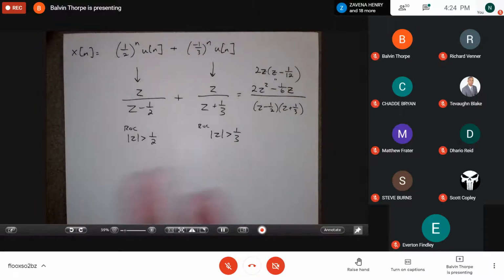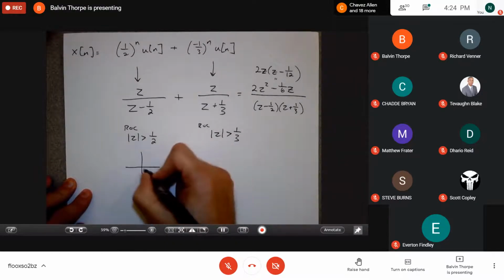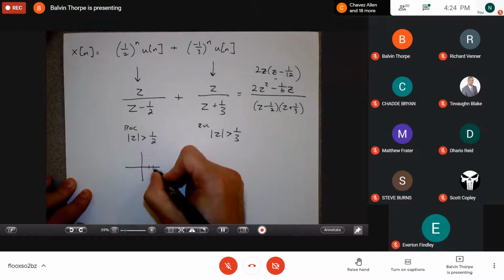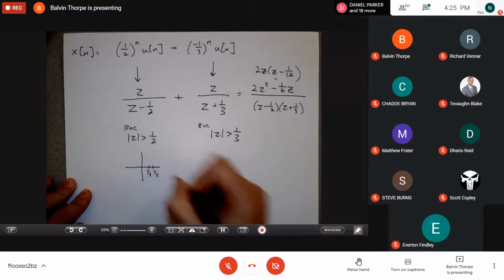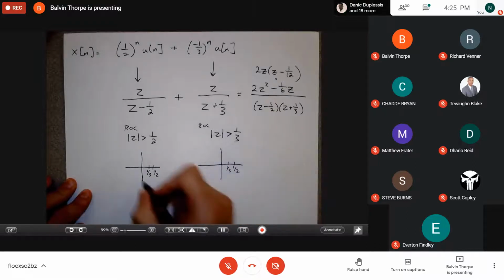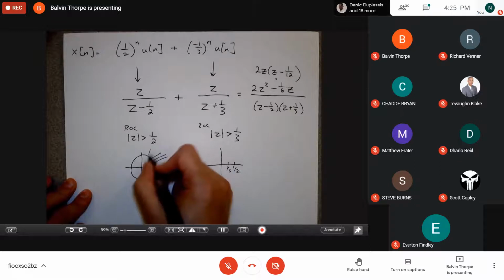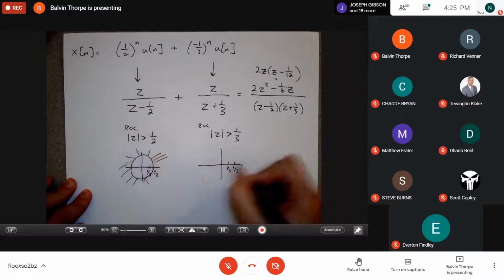Now, what is the ROC? For the ROC, I need to have both of these things existing at the same time, or in the same place. So I have to draw my two ROCs. This is a third and this is a half. One of the ROCs looks like this, and one of the ROCs looks like this.